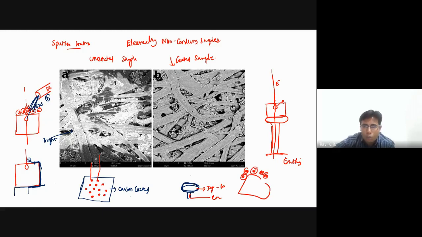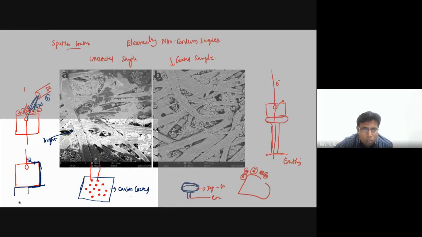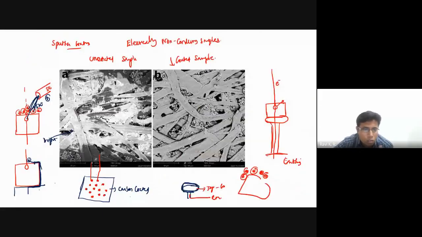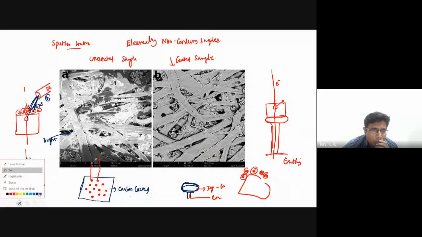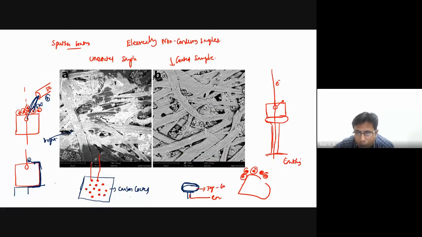So what we generally do is sputtering: take this entire stub with the tape and coat it with gold. Gold, silver, platinum, a thin layer that we coat, a few nanometers.